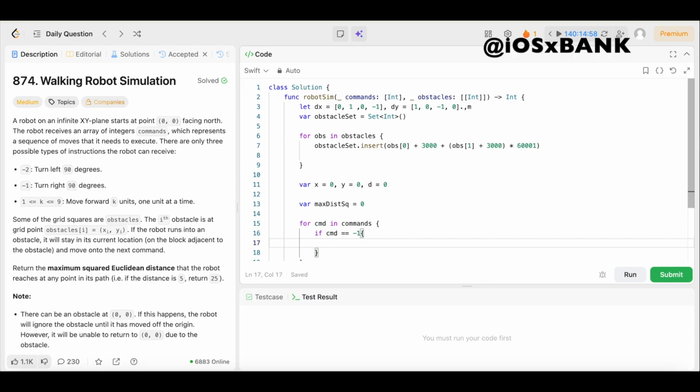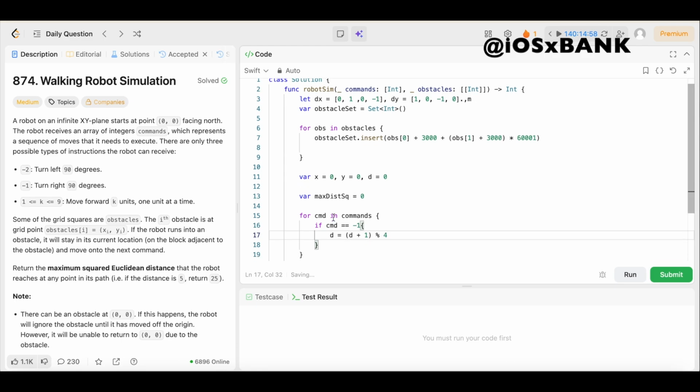So we'll say D equals, open up the parentheses, D plus 1, not divided by, but mod 4. Boom.